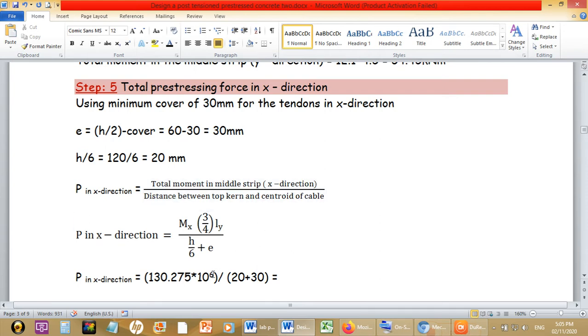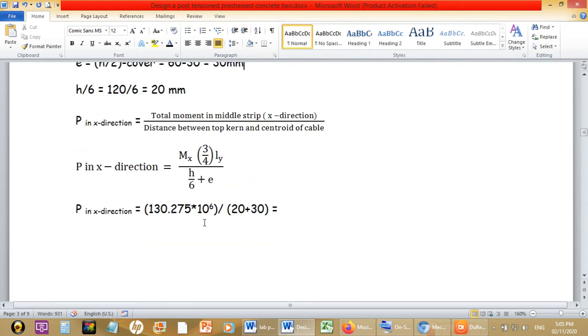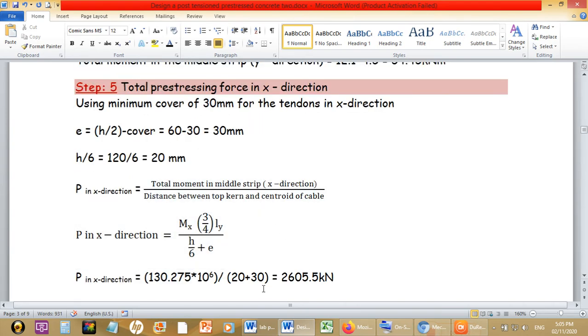I have converted that moment to Newton mm, that's why I multiplied by 10 raised to 6. h by 6 is 20, e is 30. If we do that calculation, we get the prestressing force as 2605 kilonewton. So this is the prestressing force required in x direction.